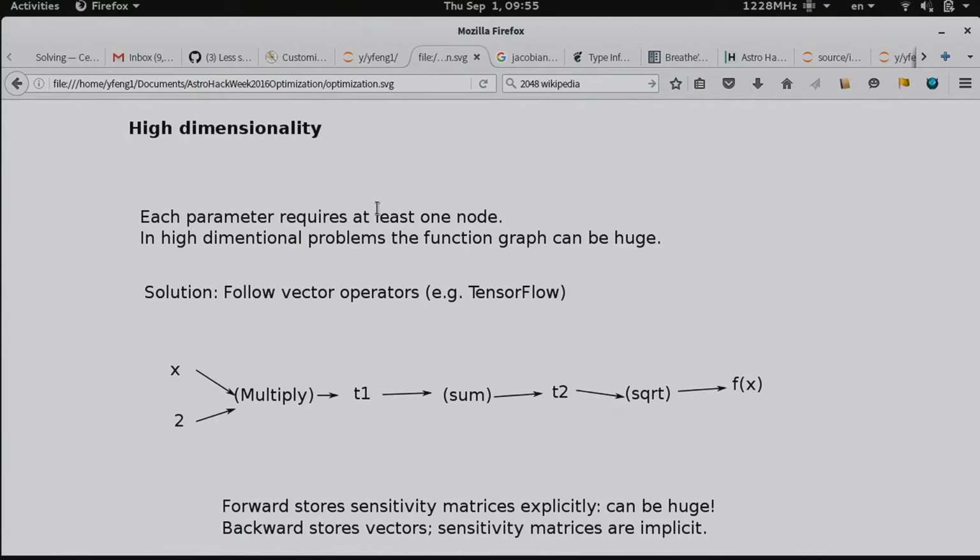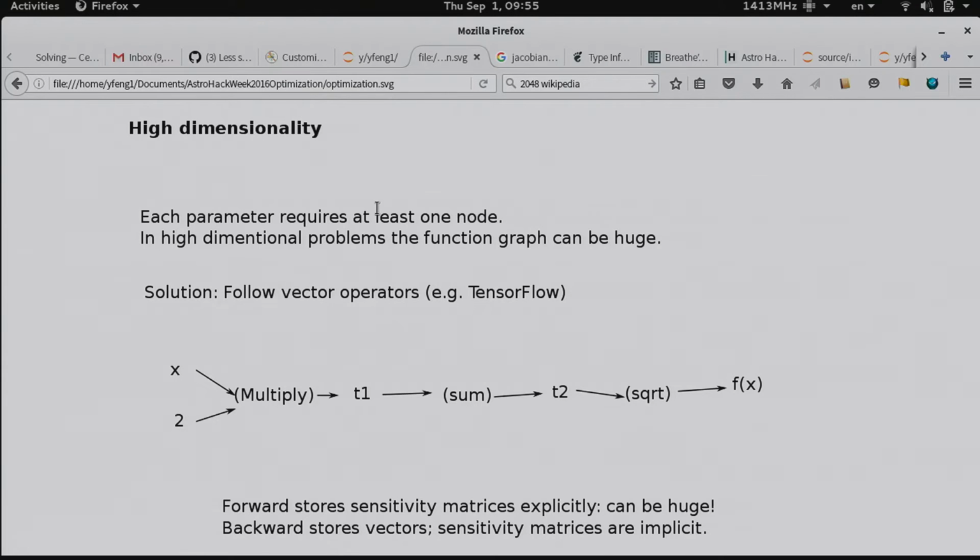But going backward, because we always start from a scalar, we only need to store the sensitivity vector, the gradient of a scalar versus a bunch of variables.